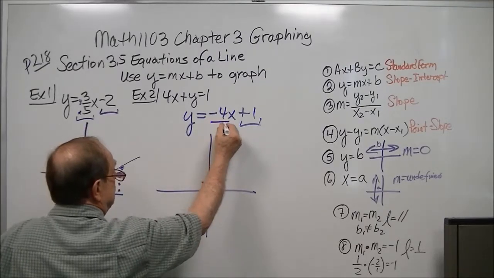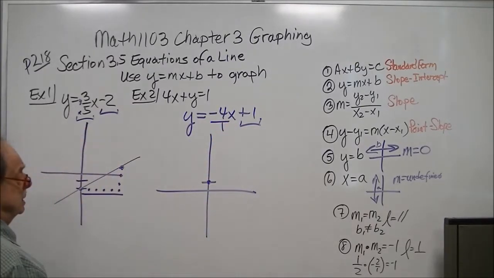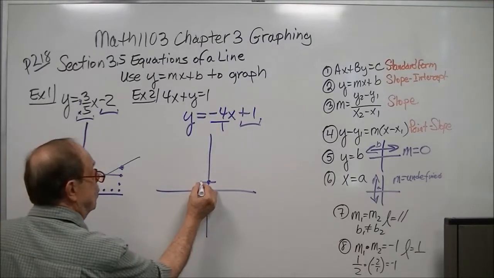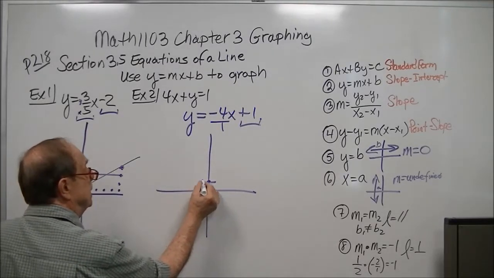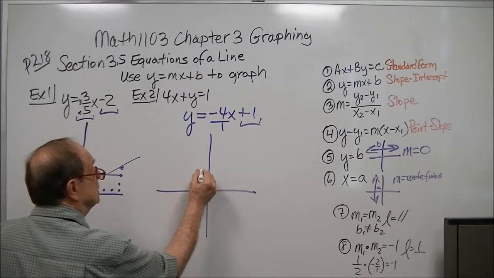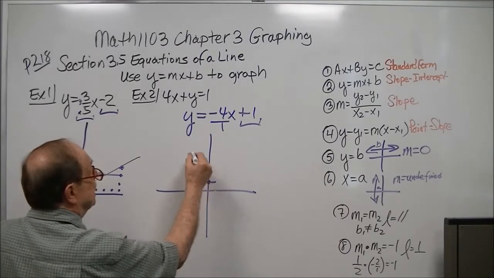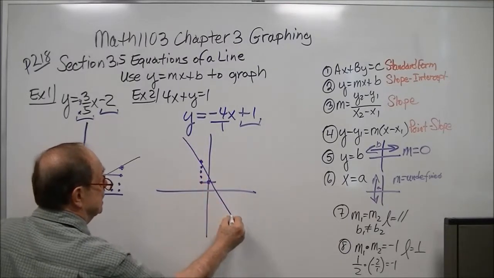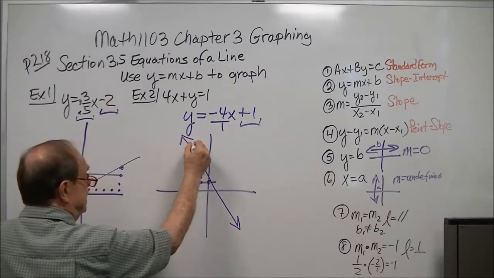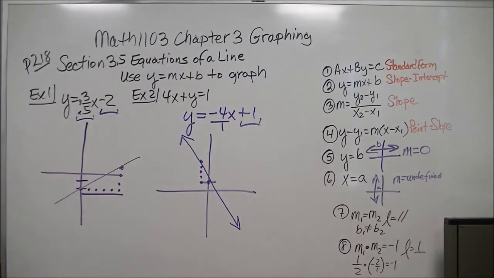Now we have a -4 over 1. So I'm going to go 1 unit, run to the left, and now 4 up. And I'll just sketch it in there. And there's my slope. So you're going to find that this is a super easy way, just so long as you don't make little errors.